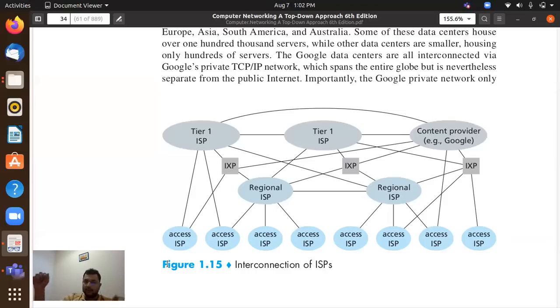They have wide presence, but if you club all the tier 1 internet service providers together, then they have global presence. But it may be possible that one organization which is part of tier 1 may not have presence in some specific countries, because it is all governed through economics, through business.